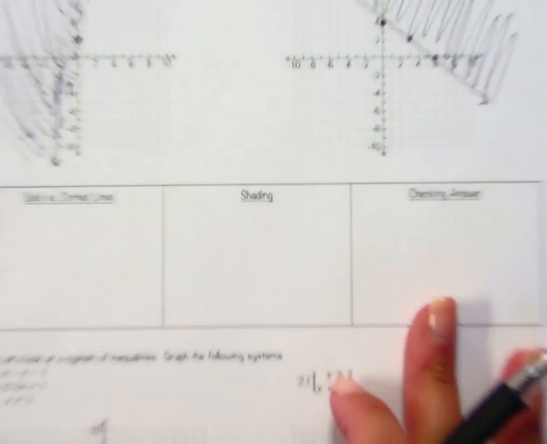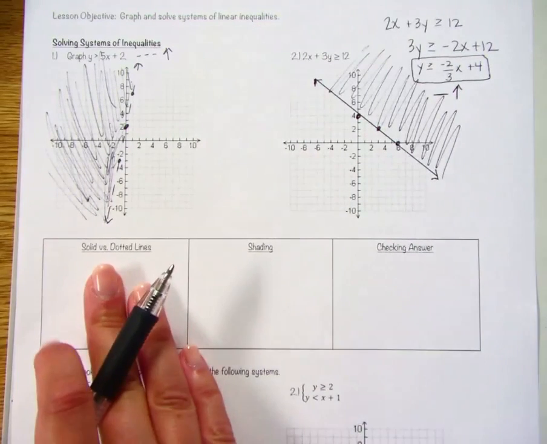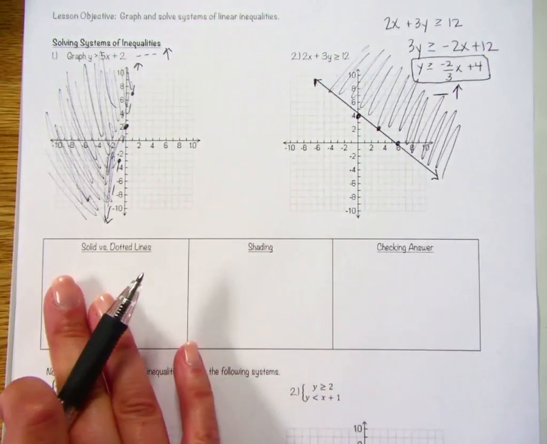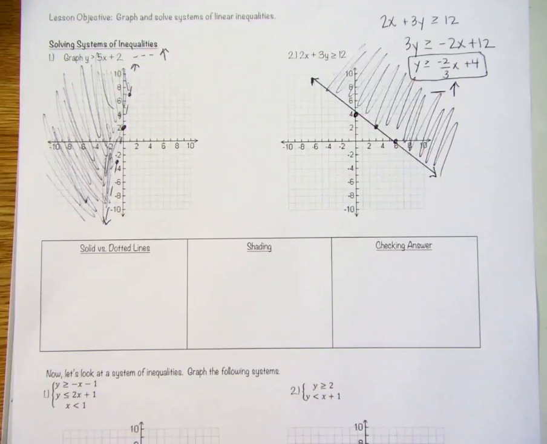Okay, so let's now come back and review exactly what symbols give us solid versus dotted lines, what type of shading, and then we'll talk about checking your answer in a second.